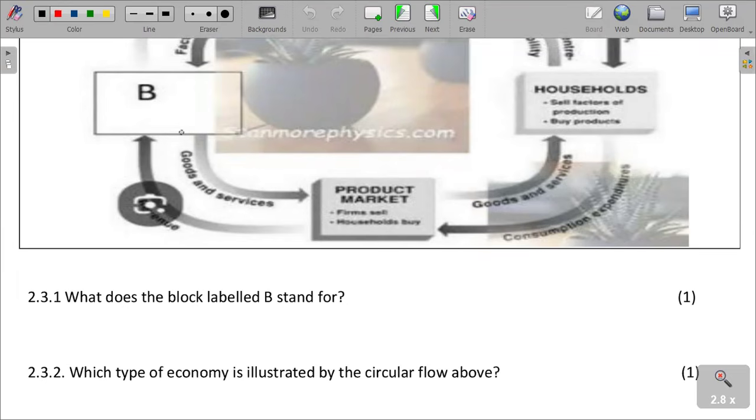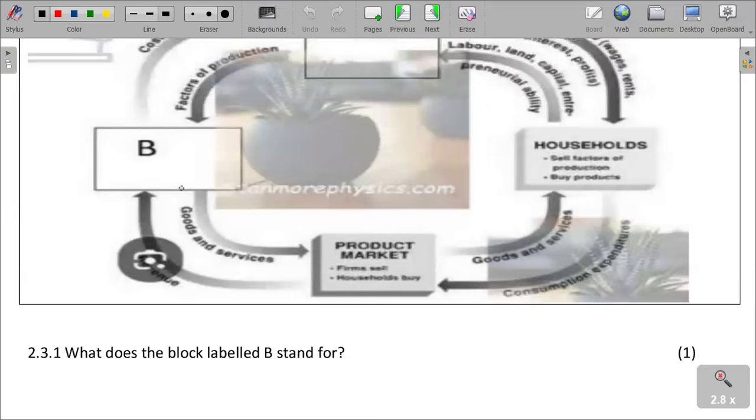What does block B stand for? This is the product market. Who brought goods and services to the product market? This is actually identifying firms. We say firms or businesses.